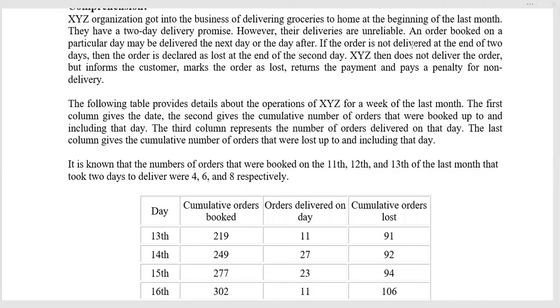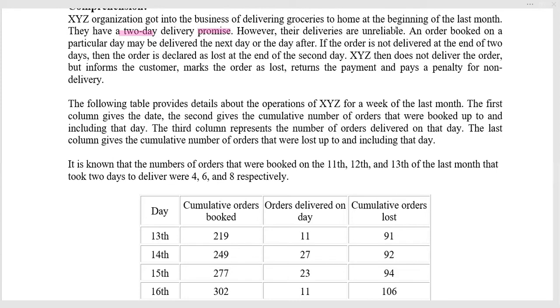This is one set wherever it has been mentioned that there is some kind of order delivery information. Let us get into the set to understand this entire information. XYZ organization got into the business of delivering groceries to home at the beginning of last month. They have a two-day delivery promise. However, their deliveries are unreliable.